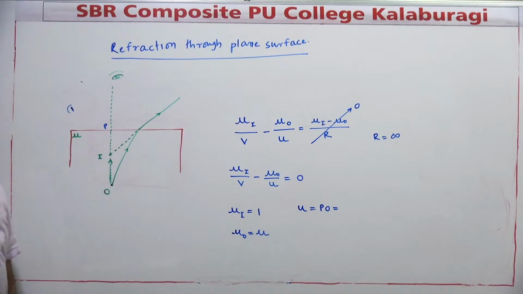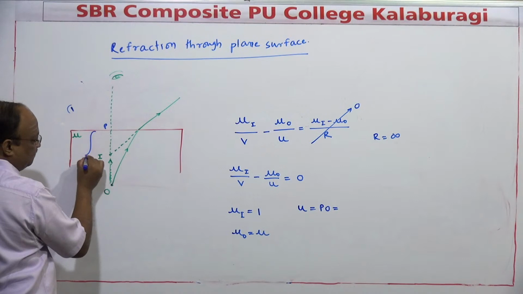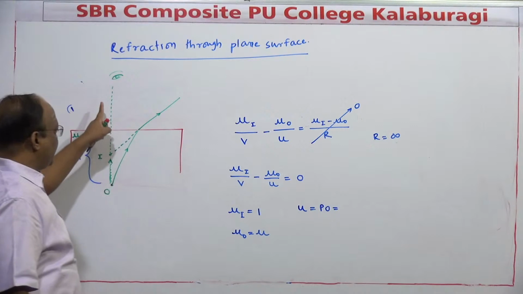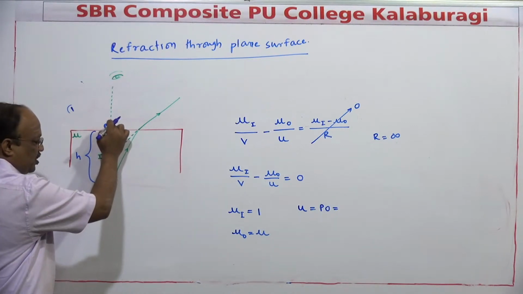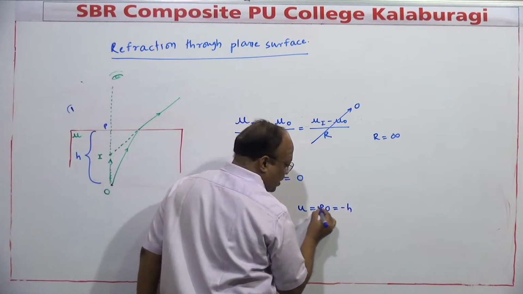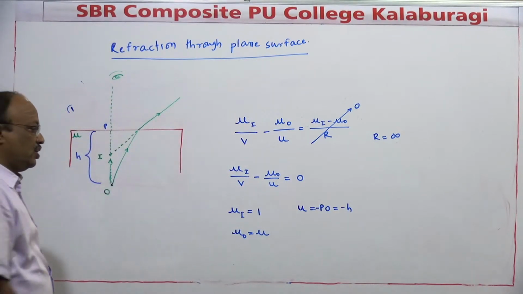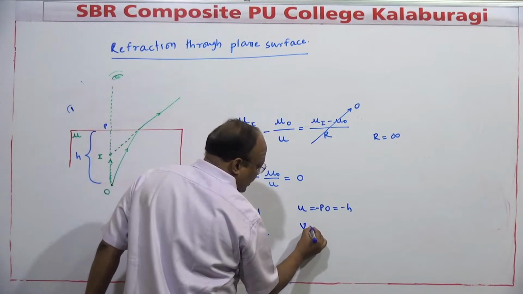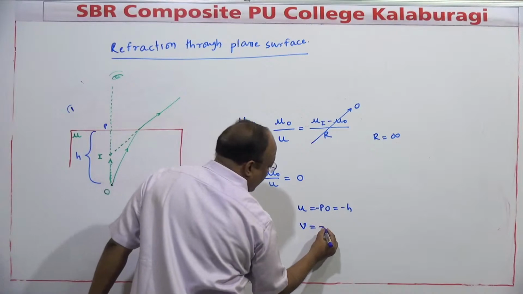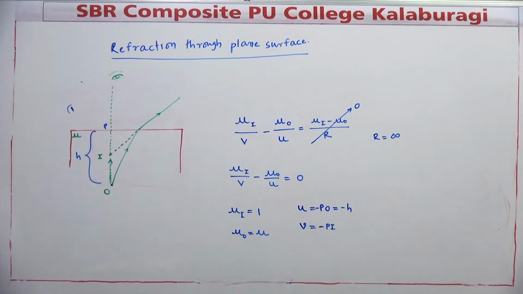If this is the height or depth H, from the pole we have to measure from P to O, so therefore U is minus PO, that is minus H. And V is equal to minus PI.